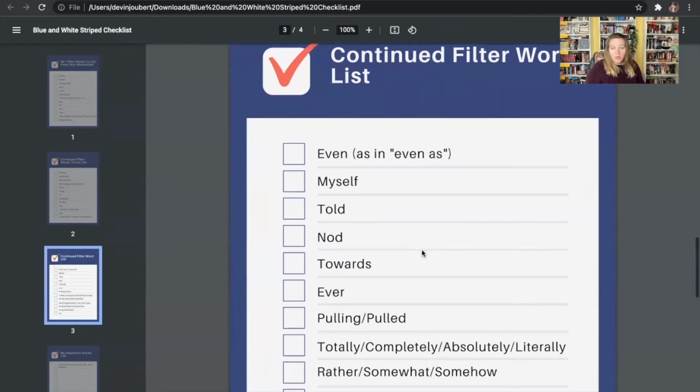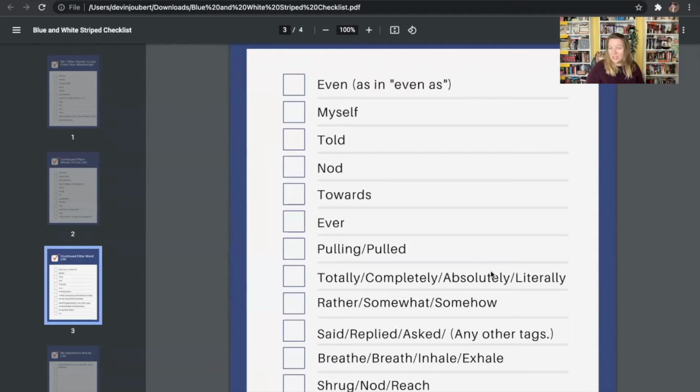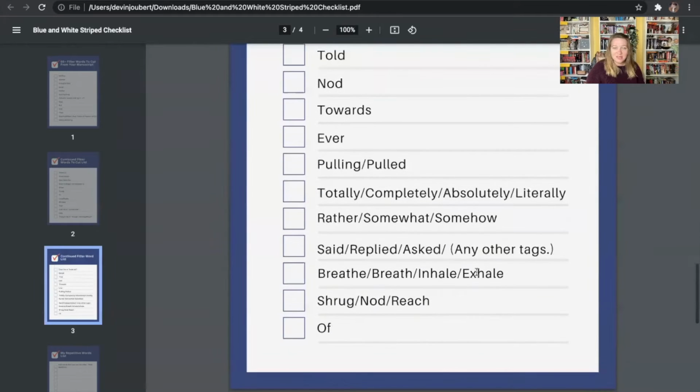Myself, told, nod, towards, ever, pulling, pulled, totally, completely, absolutely, literally, rather, somewhat, somehow, said, replied, asked, and then any other tags that are like that.